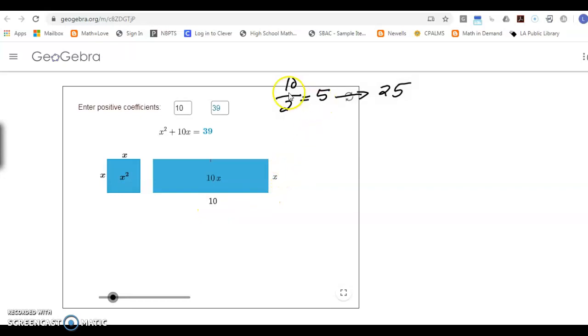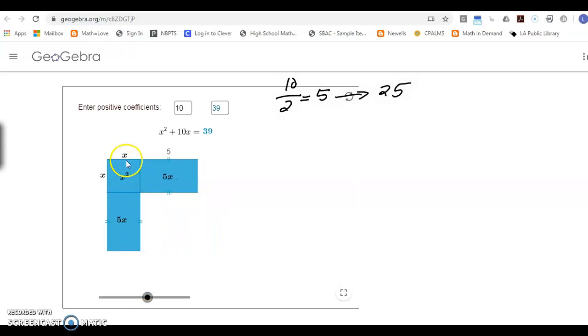So when you get half of the middle number, what this is actually doing is splitting your rectangle into two congruent rectangles. There you go. So now this rectangle has area 5x and this is also 5x. When you add them together, that originally came from 10x.